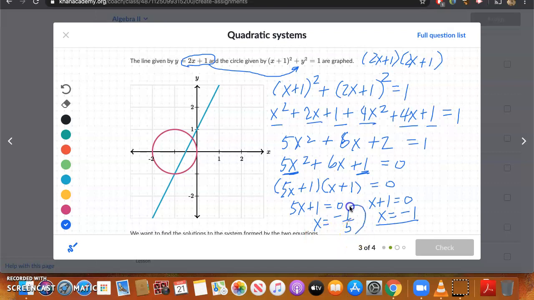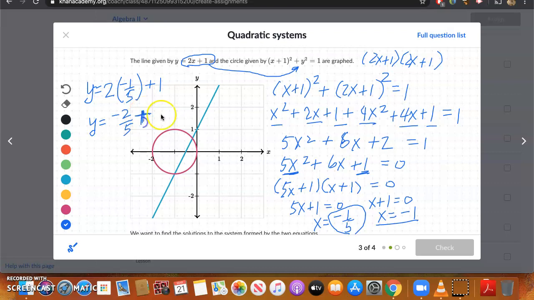Now we're going to take this and plug it in here to get our y coordinate. So let's do that over here. We're going to get y is equal to 2 times negative 1/5 plus 1. And that's going to give us y is equal to negative 2/5 plus, now I need to get common denominators here to do the addition.